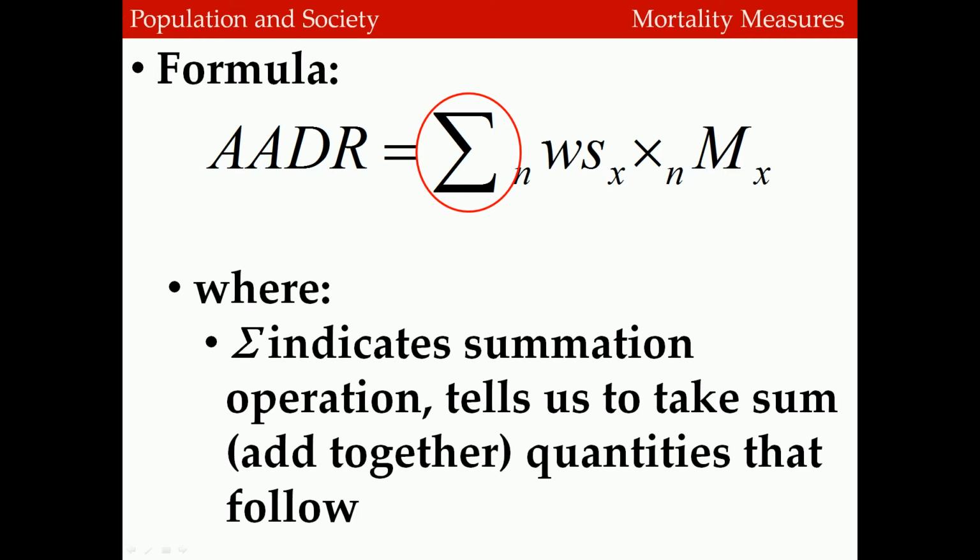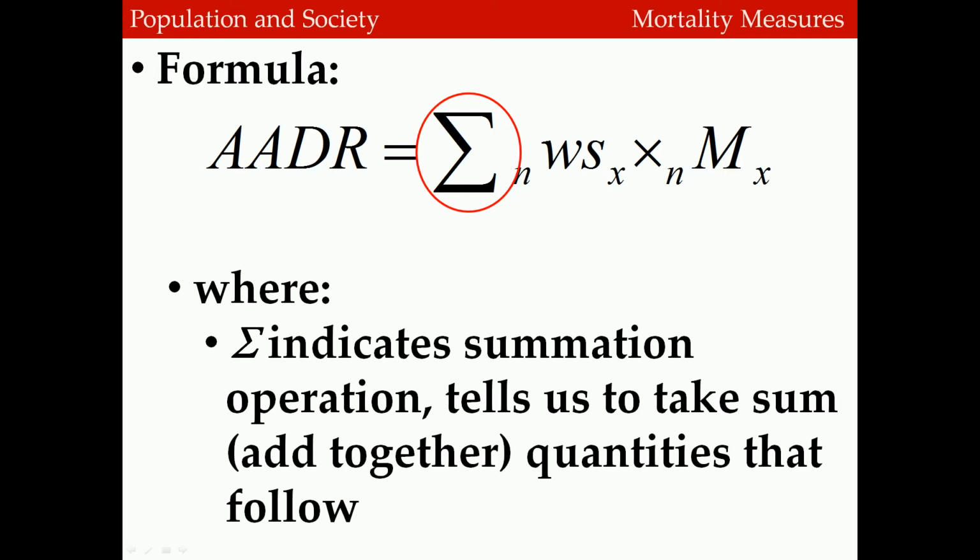The age-adjusted death rate is calculated by taking the sum of some standard population weight, in my formula that's WSx, multiplied by the age-specific mortality rate. In the formula, we have the capital Greek letter sigma, which indicates the summation operation and tells us to add together the quantities that follow.